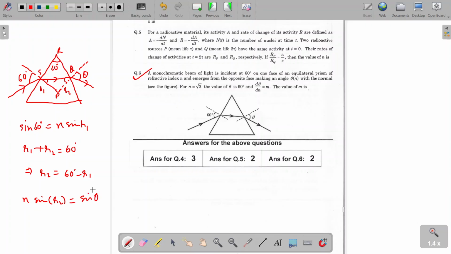So our objective is to find d theta by dn. So we can differentiate this.